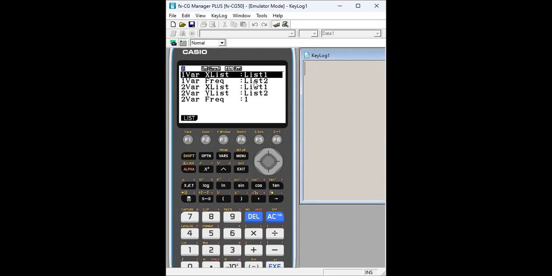Sometimes we put 1 over here when we don't have a given frequency, but you have to be careful if you have frequency. The setting is correct. I'll hit F1 for one variable. So you can see the X mean is 1.5319. Then summation of X, summation of X square, standard deviation, minimum, quartiles, everything would be there.